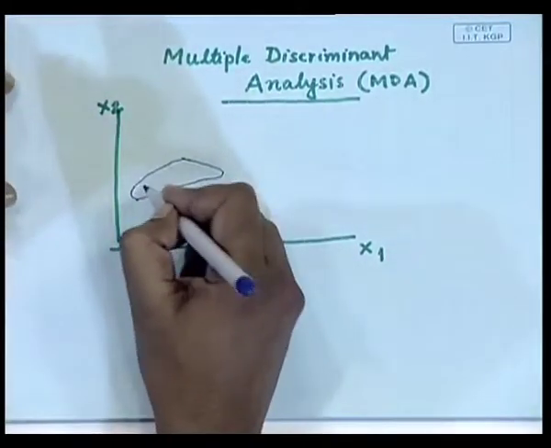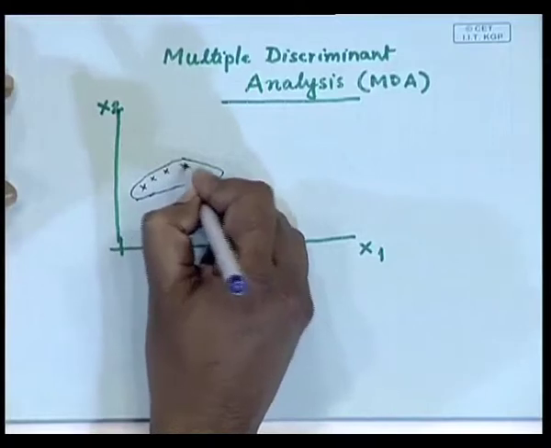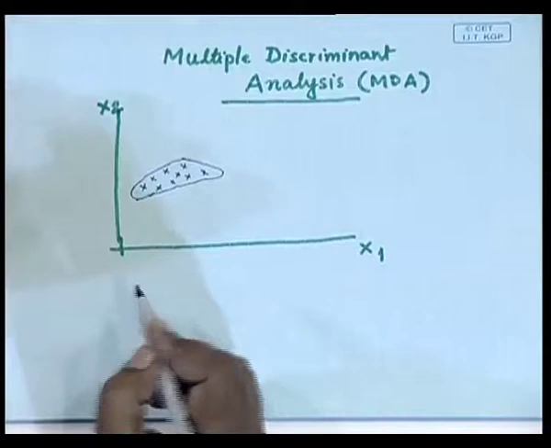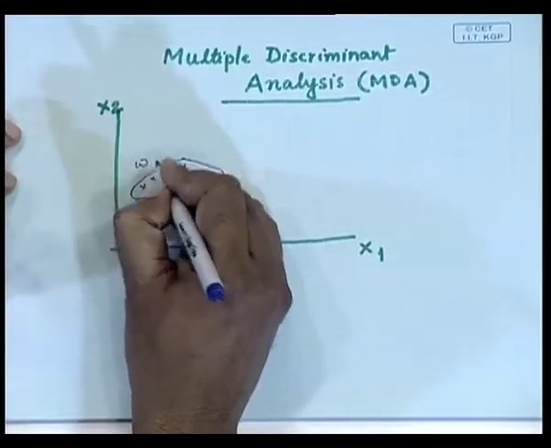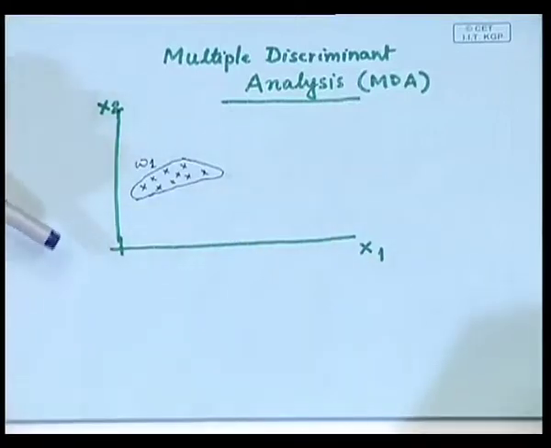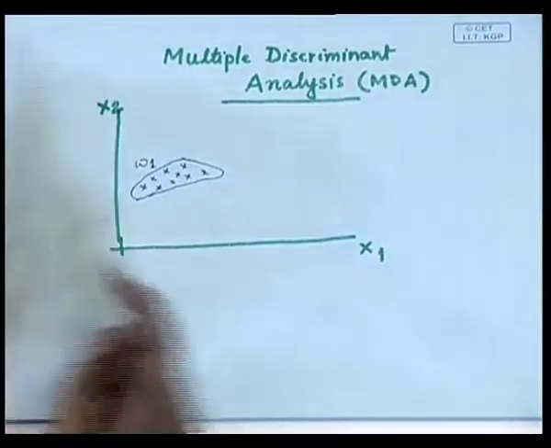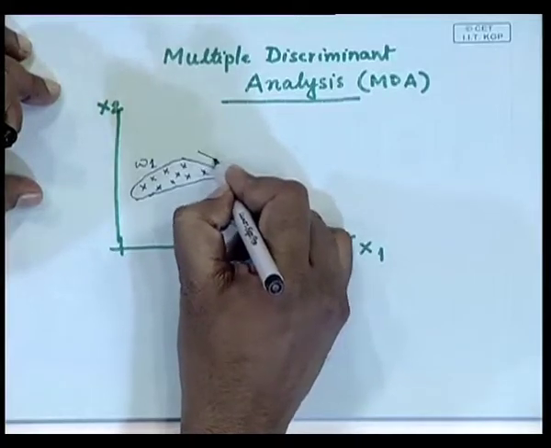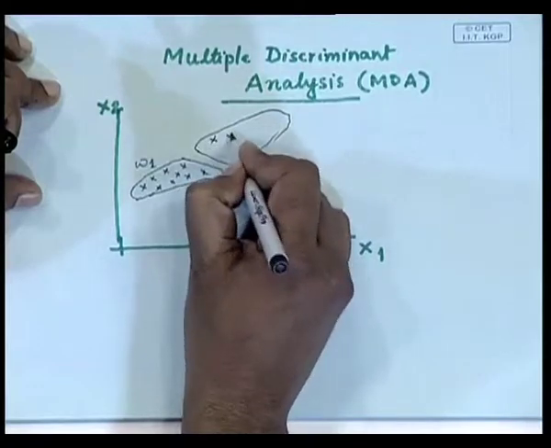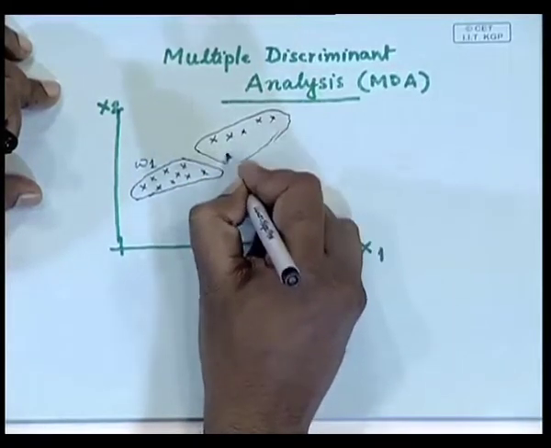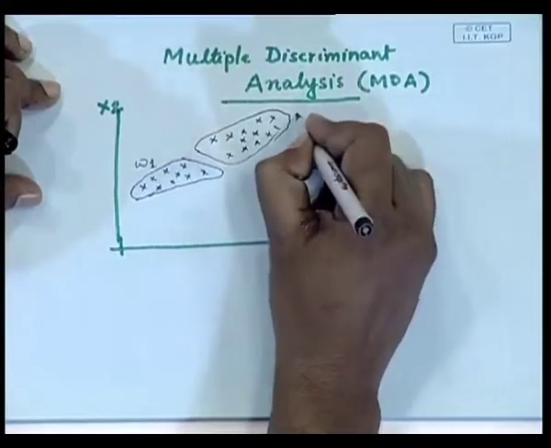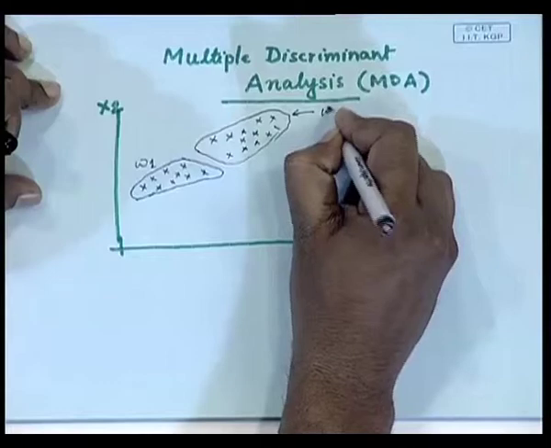The training samples that you get belong to one class, let us say this is class omega 1, and the other set of training samples which are given may be something like this. Suppose this set of samples belongs to class omega 2.